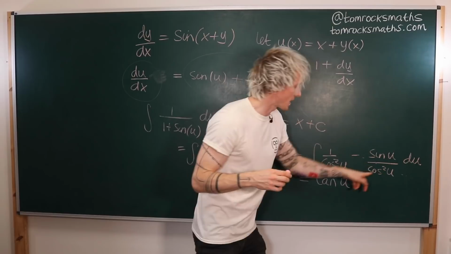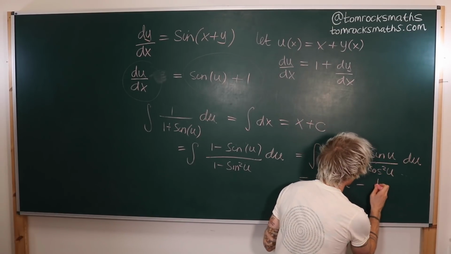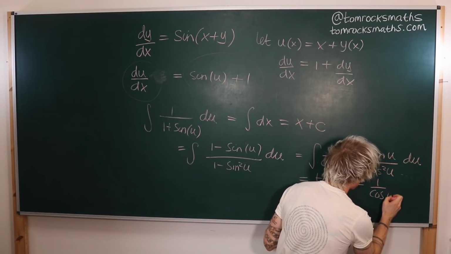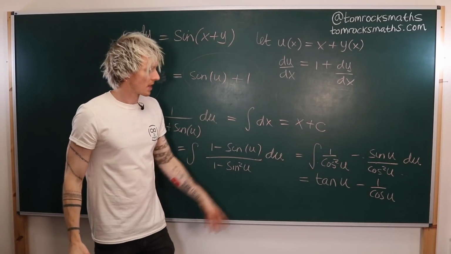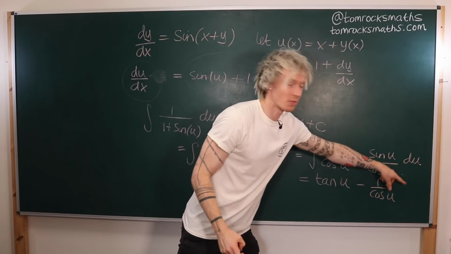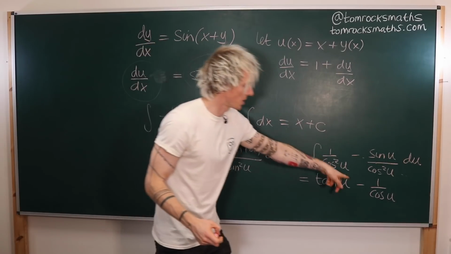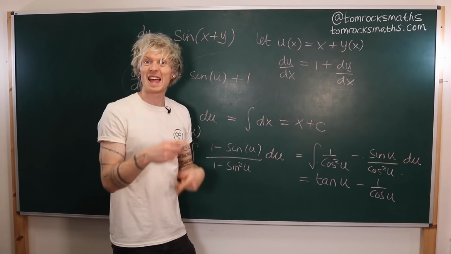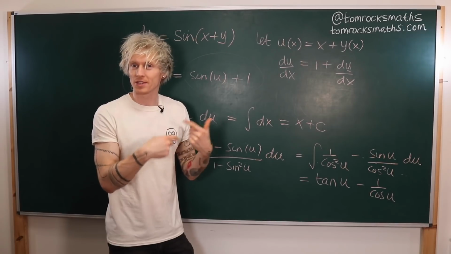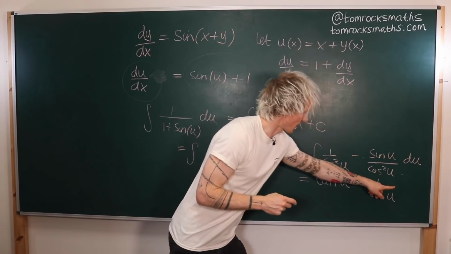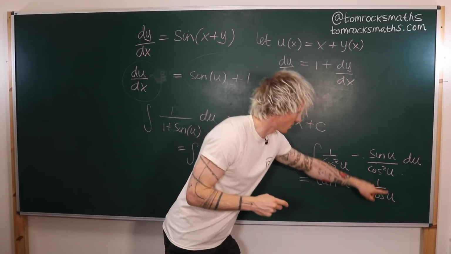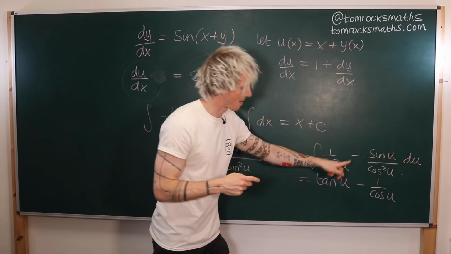So this whole thing has in fact come from cos of u to the minus 1, or minus 1 over cos of u. Because if you differentiate this, you bring down the minus to get a plus 1 over cos squared, and then the chain rule says you multiply by the derivative of cos, which is minus sine.